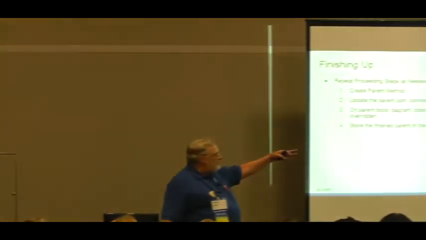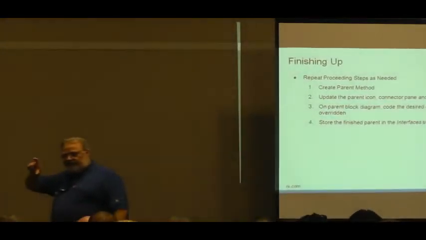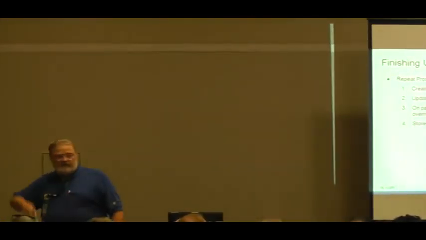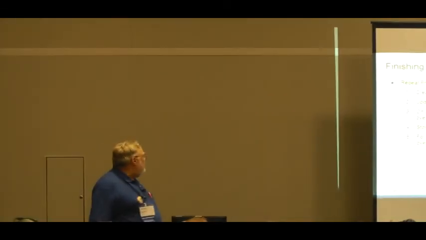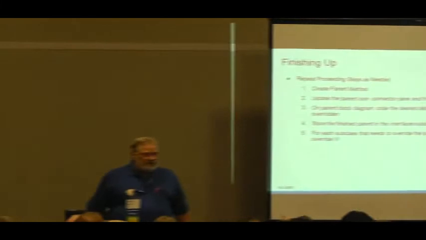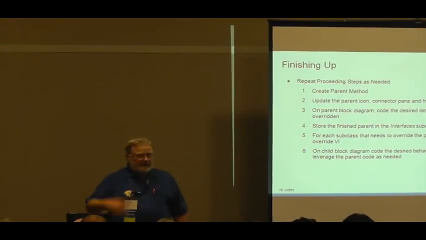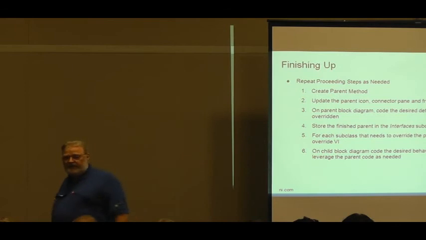Then you store the finished parent in the interface subdirectory, because remember, that's the one that is publicly accessible. And then for each subclass that needs to override the parent, you create an override VI, and then modify the child's block diagram to do what it needs to do.